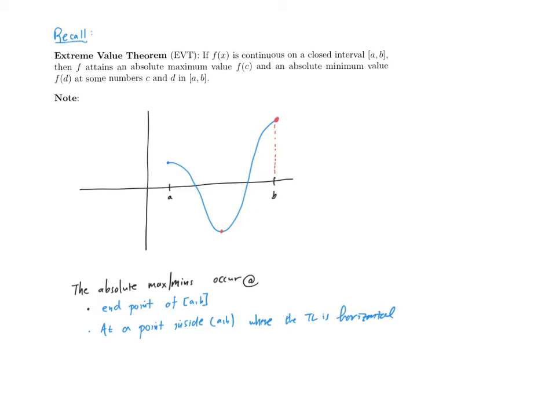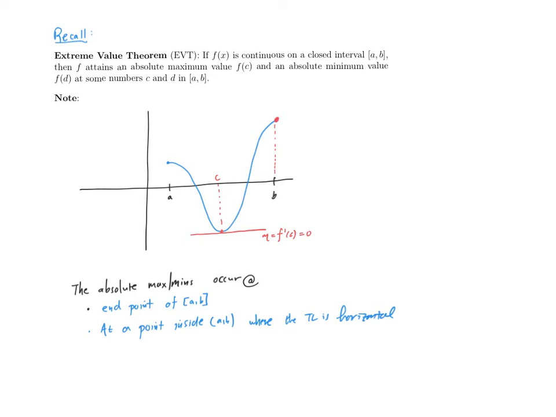That is, absolute maximums and minimums occur at an endpoint of the interval or a point in between where that tangent line is horizontal. And remember, at this point, let's call it c, corresponding to a horizontal tangent line, the derivative is determined by f prime, which will be equal to 0.